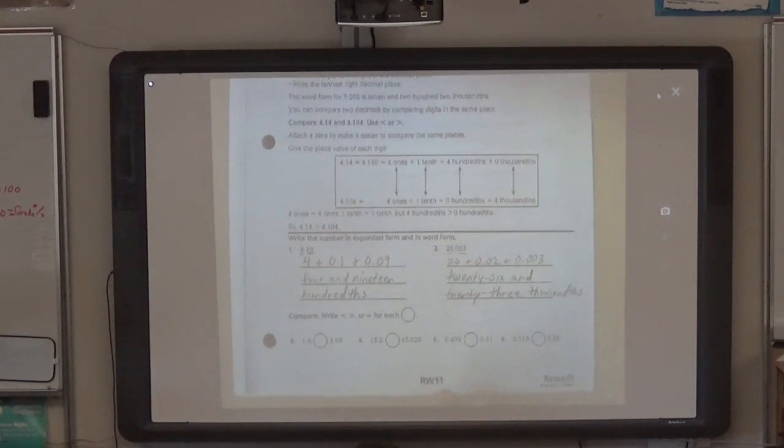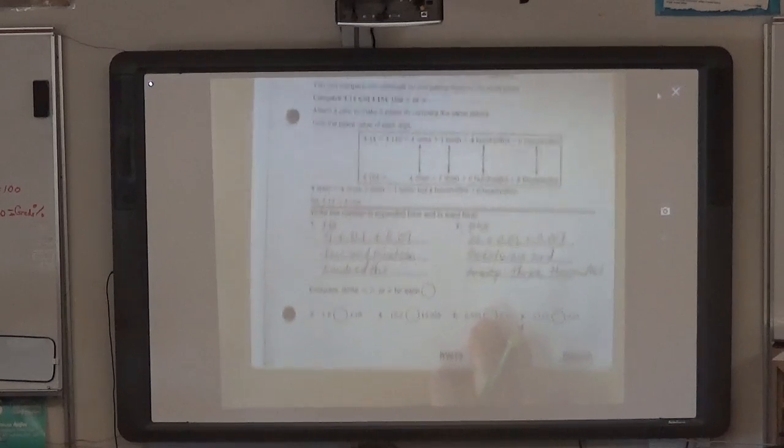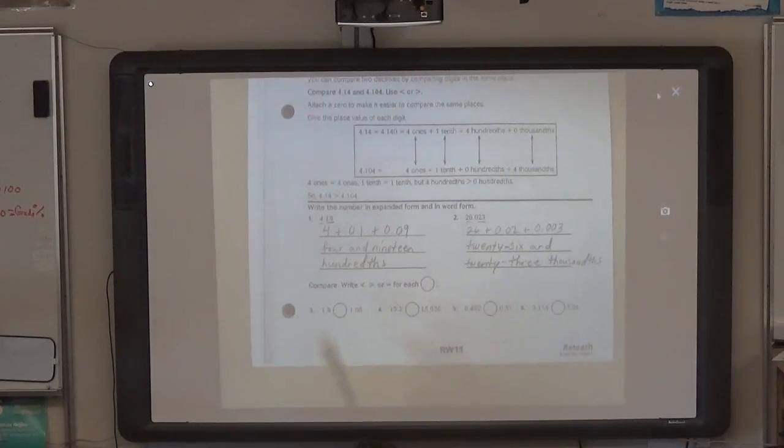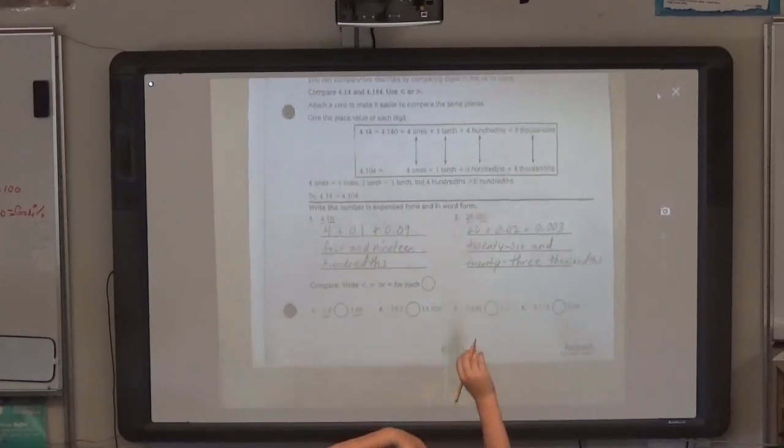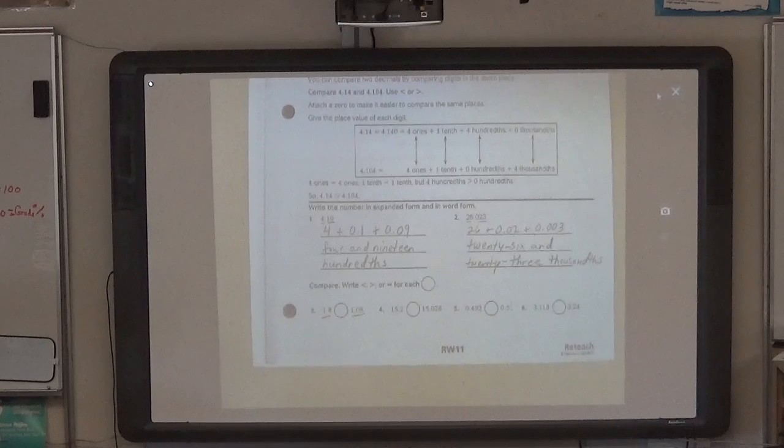Let's talk about how these numbers are valued. 1 and 8/10 versus 1 and 8/100. Do we compare these the same way we compared other numbers? Yes. Yeah, the process is the same.